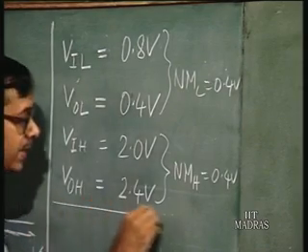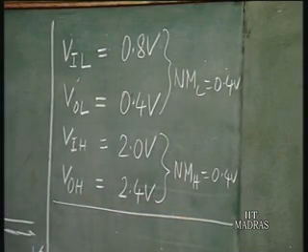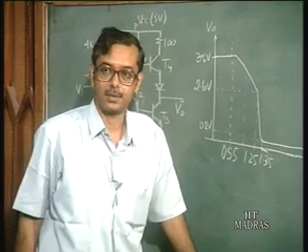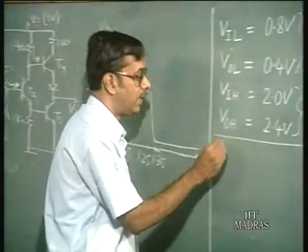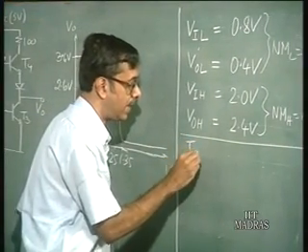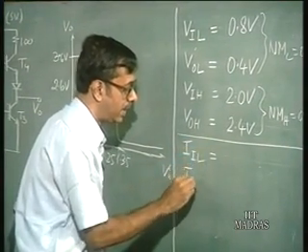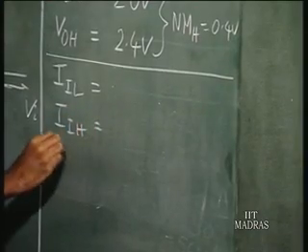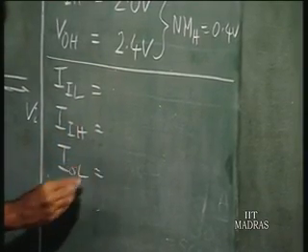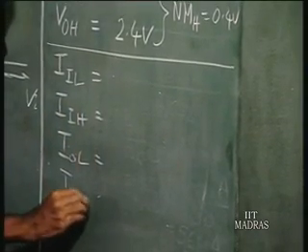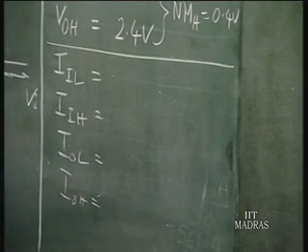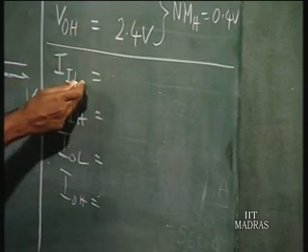You will also find another set of specifications which is in terms of current. This is IIL, IIH, IOL, IOH. IIL is the input current when the input is low.